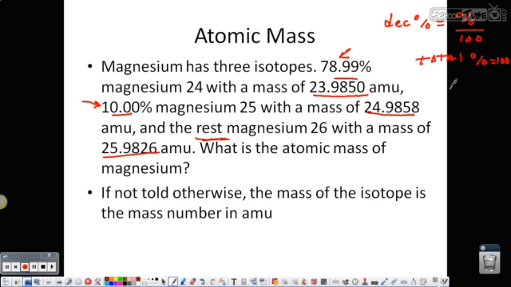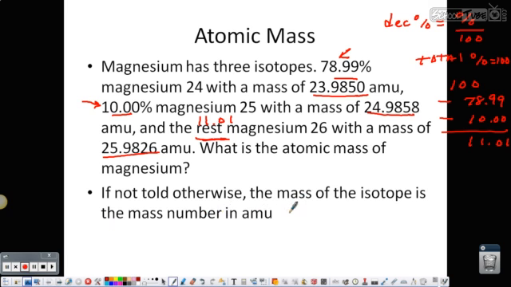So to find the other percentage, it's 100 minus 78.99 minus 10.00 in your calculator, and you come out with 11.01. So this percentage is 11.01. Now let's do the decimal percentage.